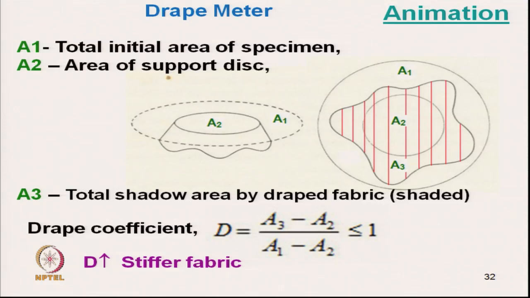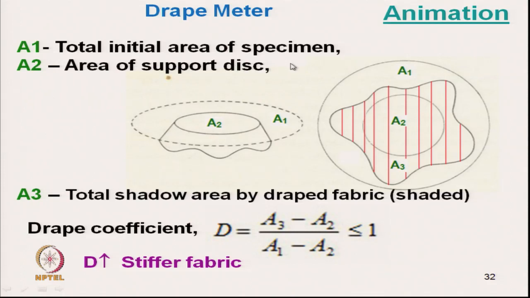Now, the measurement is done by using the drape meter, where this is the fabric specimen, a normal circular fabric specimen. A1 is the total area of the specimen.